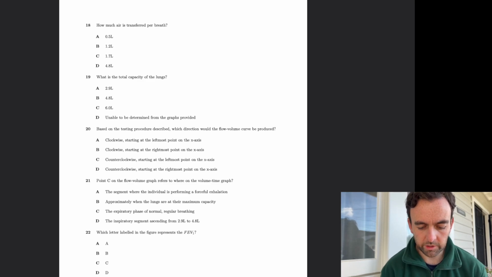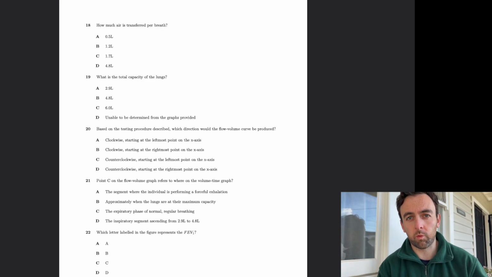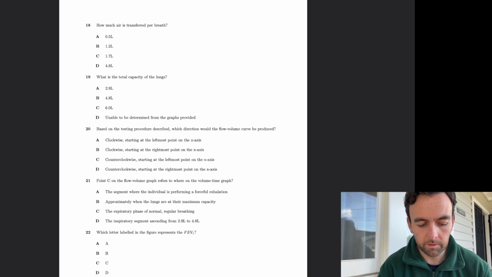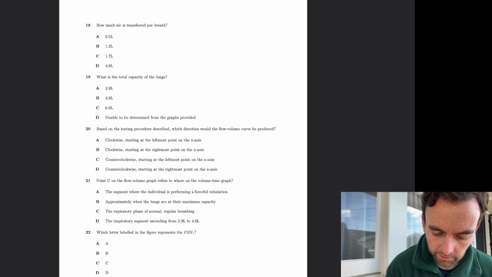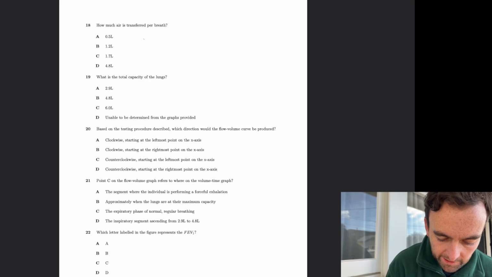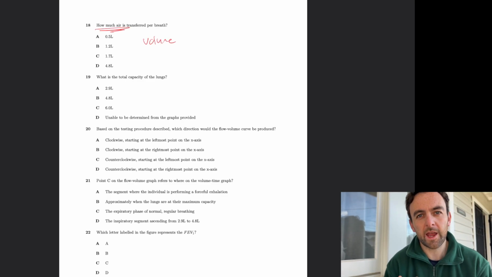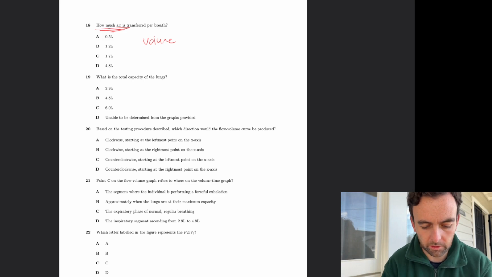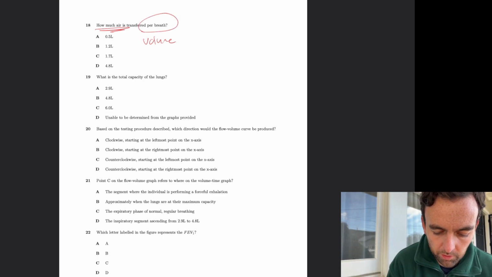As I said, we're generally going to be getting a y variable from the x variable. So if we define what we need: the volume, how much air, that's the volume of air, and we need it per breath.